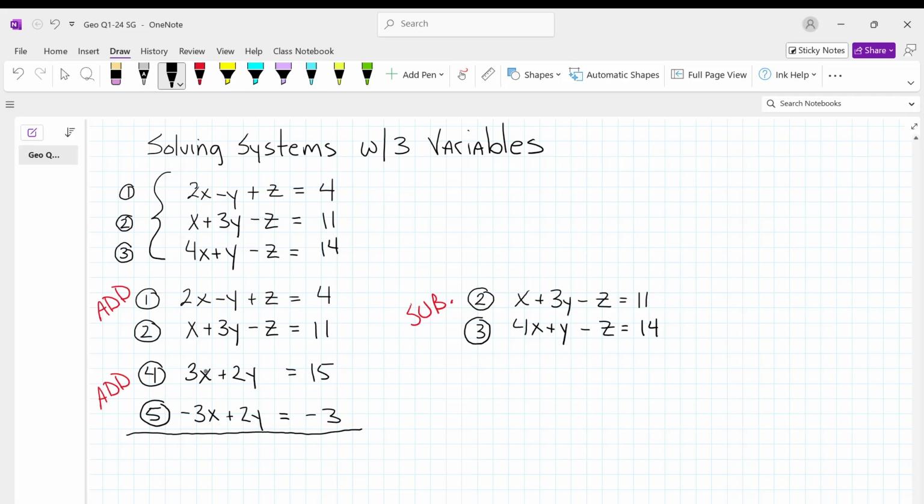And 3x plus negative 3x is 0. 2y plus 2y is 4y. And 15 plus negative 3 is 12. So if you divide both sides by 4, then we get y equal to 3.